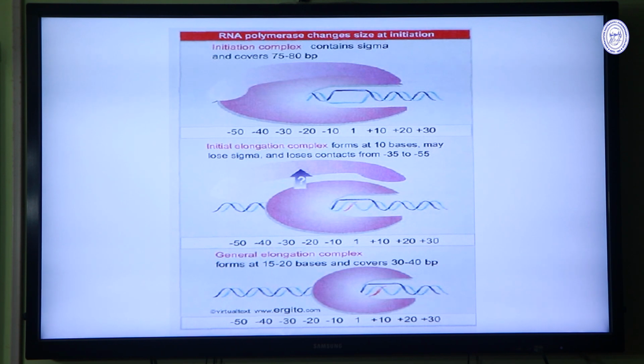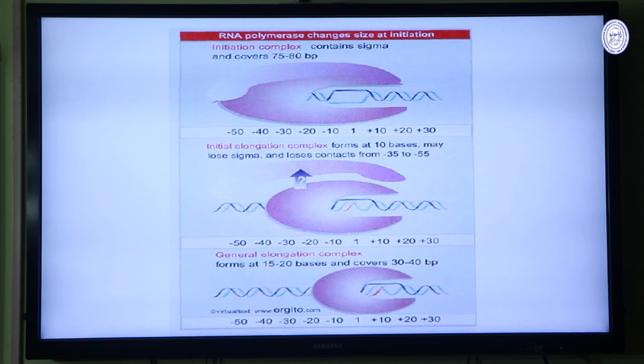So, when the holoenzyme binds, the RNA polymerase will cover a bigger region of the DNA extending both upstream and downstream, from plus 20 to minus 50. And this contains the sigma factor and almost covers the region up to 75 to 80 base pair.